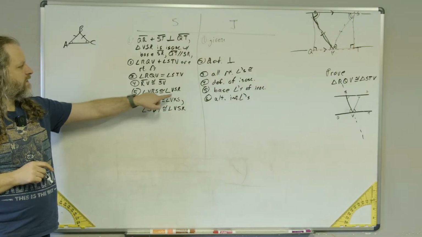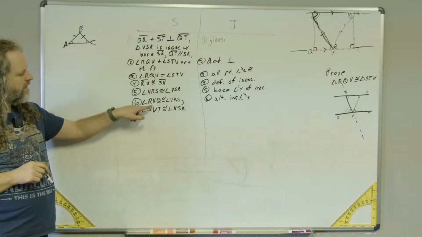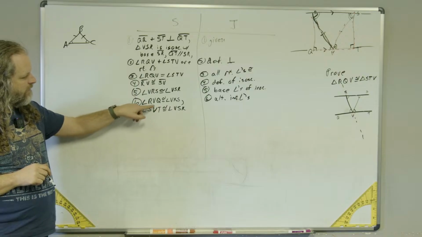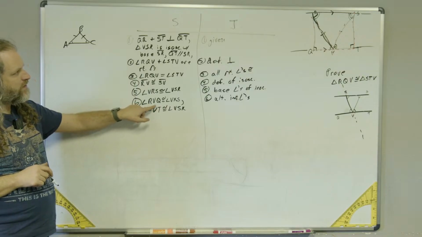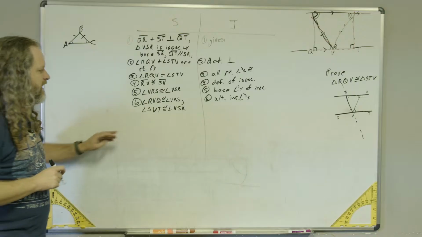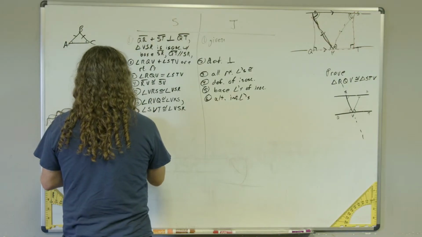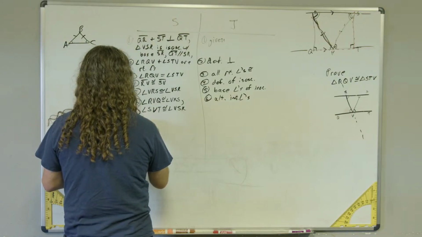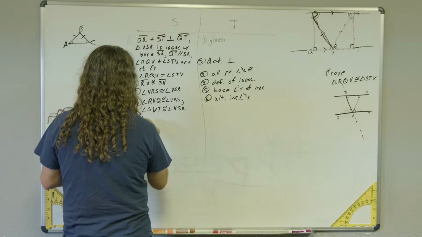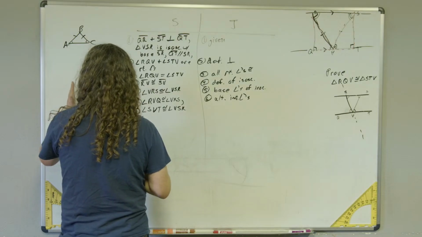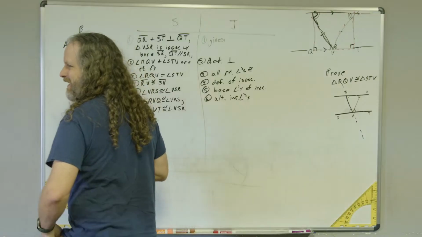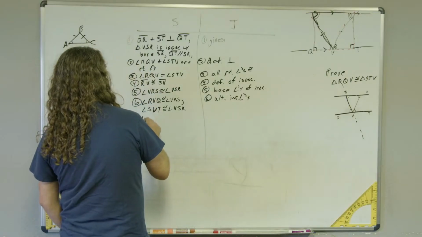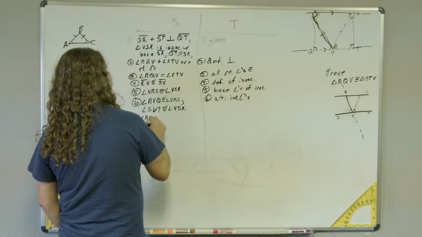VRS, VSR, and VQ. So we can say RVQ is congruent to SVT. What property lets us do that? It's the A is B and B is C, then A is C again. What's that one called? Transitive.